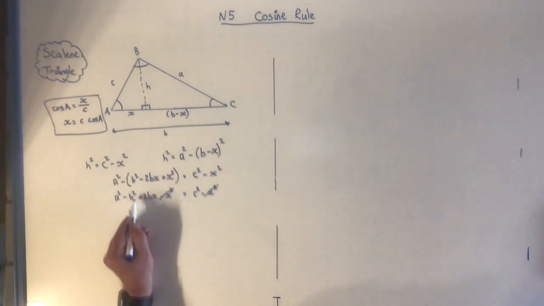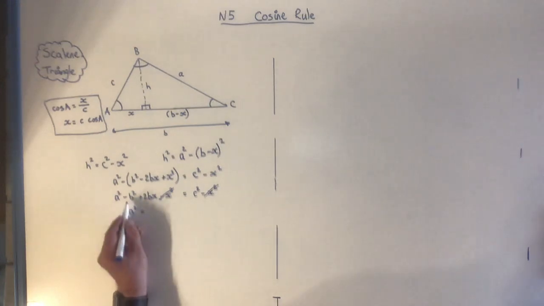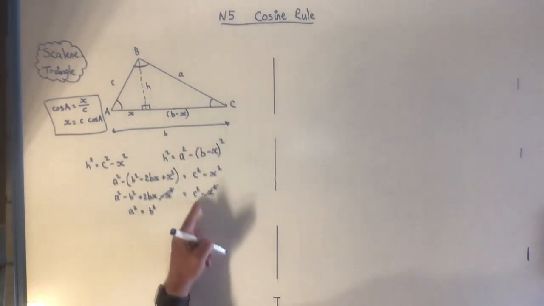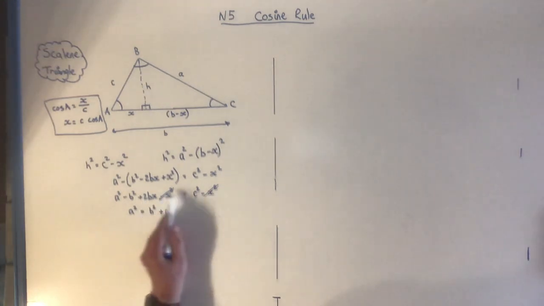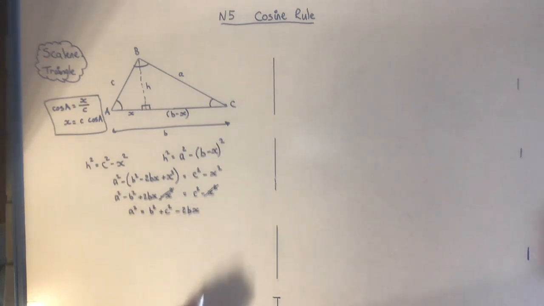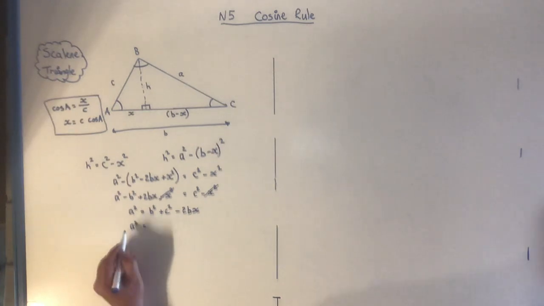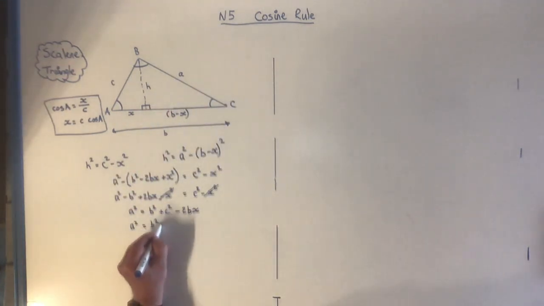And I'm going to take everything else over to the right hand side, so I'm going to add on b squared to both sides, so that's b squared. I've already got a c squared, and that's going to the other side, so that's going to be minus 2bx. We're nearly there, so a squared, this length up here squared, is equal to this thing here.